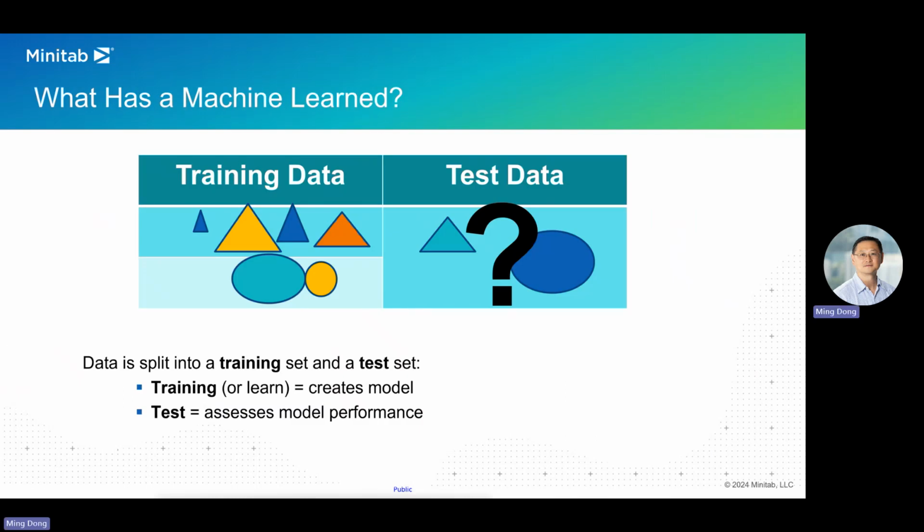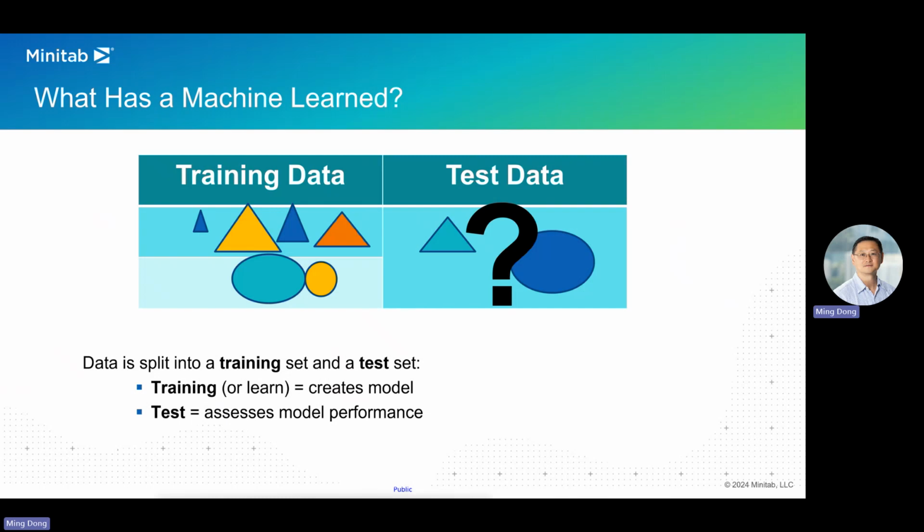When we come to machine learning, suppose we have 200 variables and 10,000 rows, which is a huge data set. When we do machine learning calculations, we always separate the data set into two parts, just randomly.